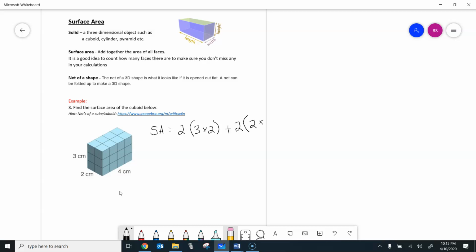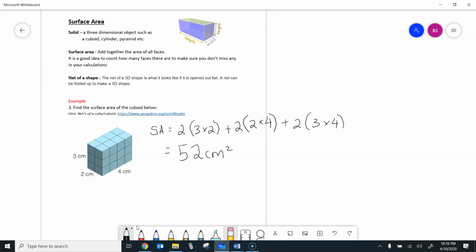So 2 by 4 plus this side here, which is this rectangle here, which is 3 by 4. And there's 2 of them because there's the one behind that we can't see, right on the reverse. And if we can work that out in our head, or we can use our calculator, we end up getting 52. And if we get the units, it's centimeters squared.